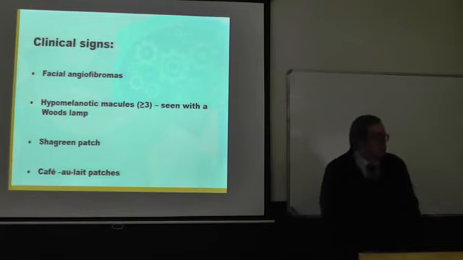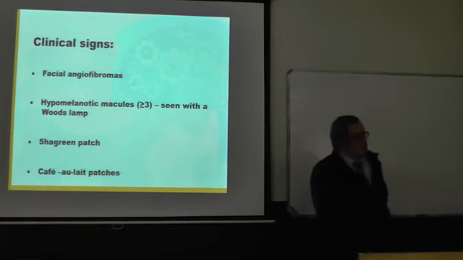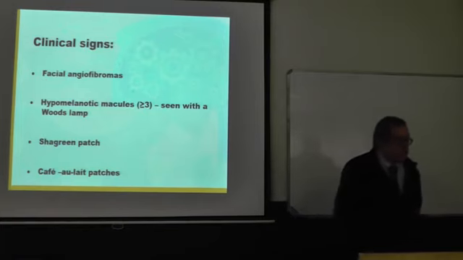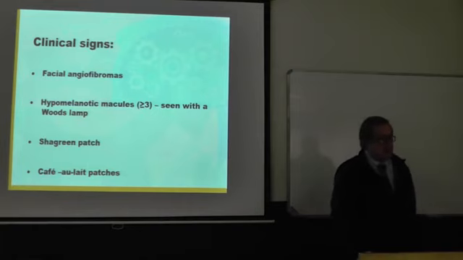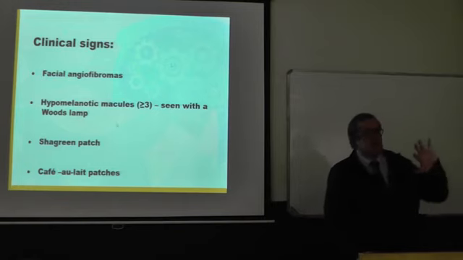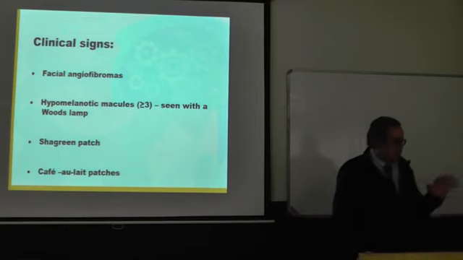They often have these facial angiofibromas, and they may have hypomelanotic macules, so-called ash leaf spots, only seen with the Wood's lamp. They may have a shagreen patch, which looks a little bit like orange skin, and they may also have cafe au lait patches.